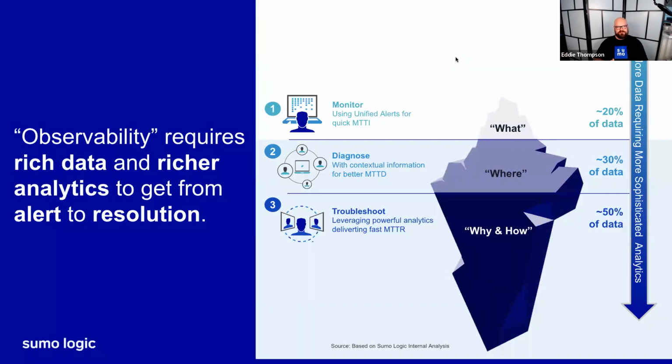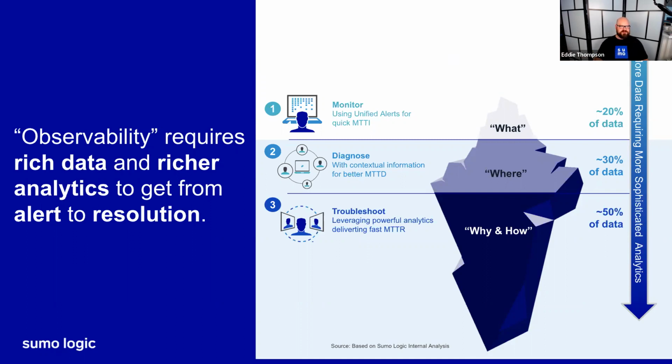So when we talk about observability, what are we talking about? We're talking about something which means that you can infer the state of an application from the outputs that you are receiving. And when we talk about that at Sumo, we're generally talking about signals from things like metrics and traces and logs.